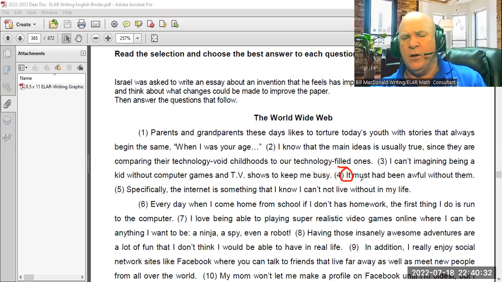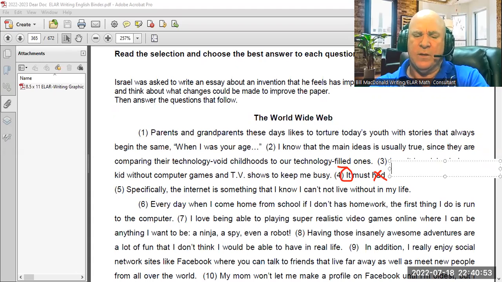So you try all of the ones to see which one would work the best with our subject, a singular pronoun. It must have been. So I would cross off had, and then I'll get my text and write right in there between the lines. It must have been awful.